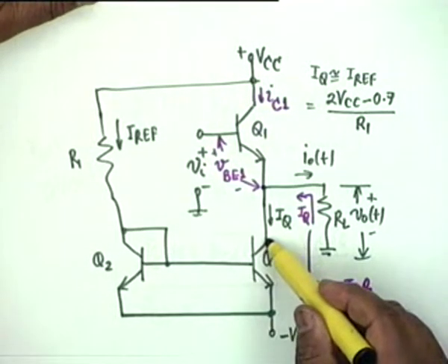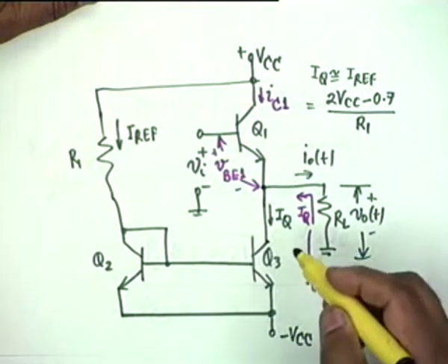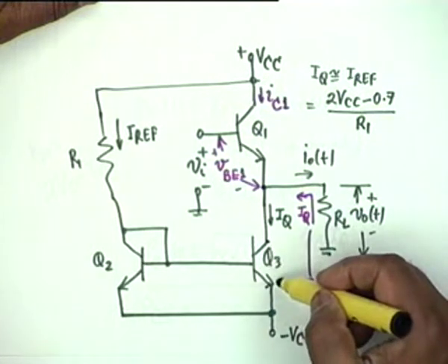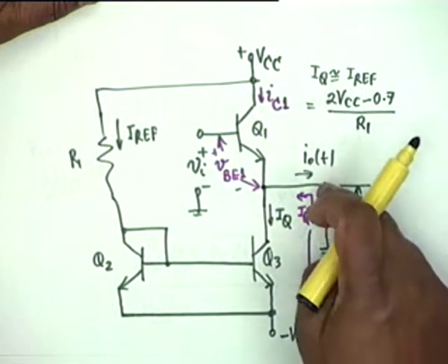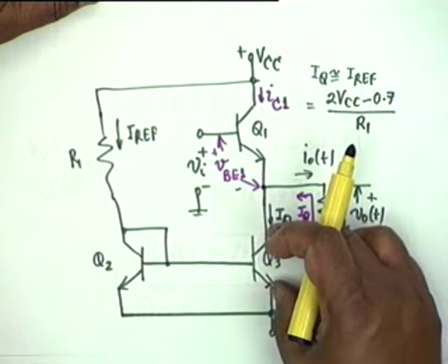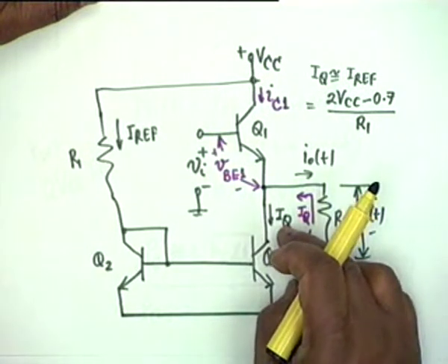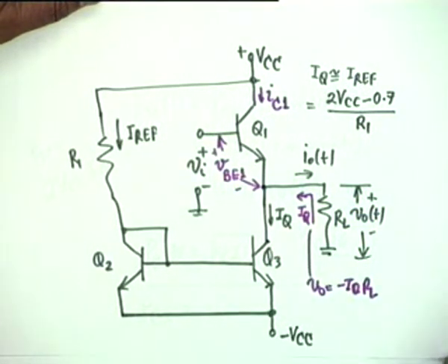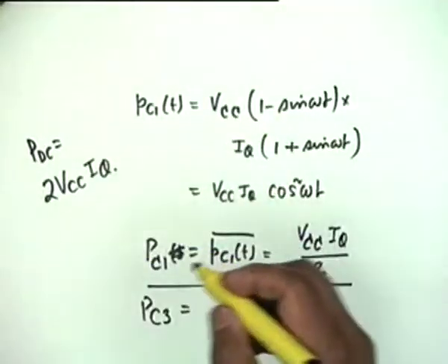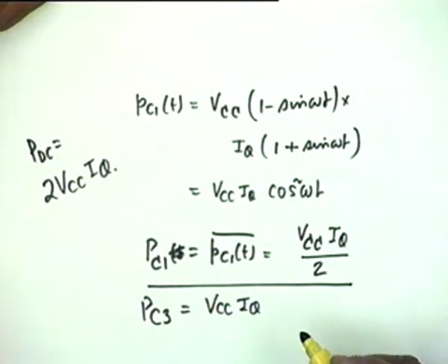You see, the voltage across Q3, the average voltage is VCC, because this voltage is a fluctuating sinusoidal voltage. The average value of this voltage is VCC. The average current is IQ, and therefore the dissipation in Q3 is equal to VCC times IQ. So PC3 is VCC IQ. Now I have been able to get 3 VCC IQ by 2.